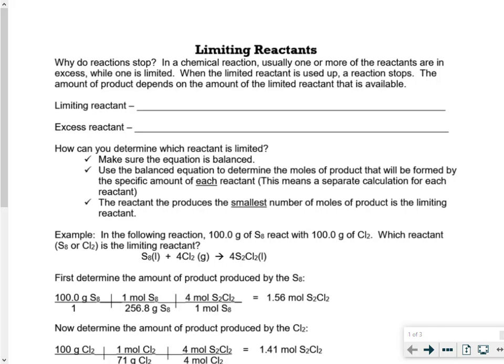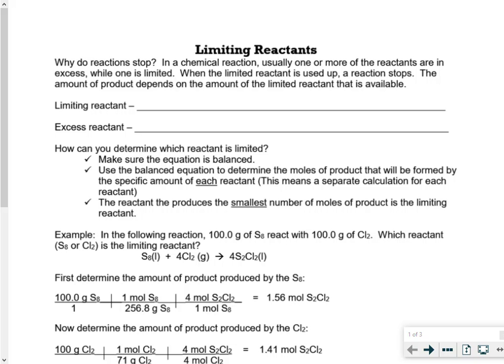Okay, so now that you've done the little book activity, can anybody give me a good definition of what a limiting reactant is, or defining limiting reactant? Anyone? How would you describe limiting reactant? Yes? The least amount of the product. Well, it does produce the least amount of the product.